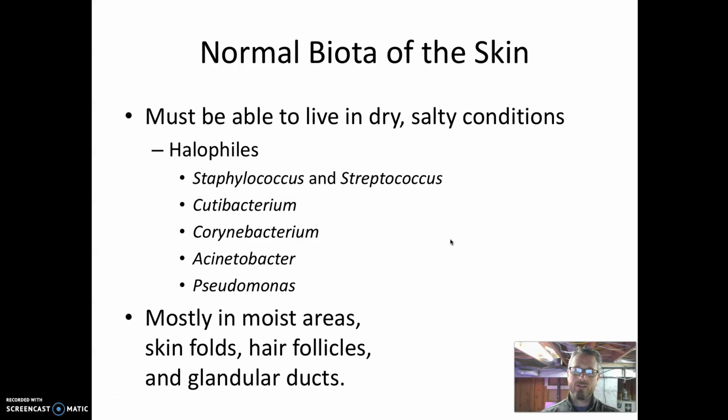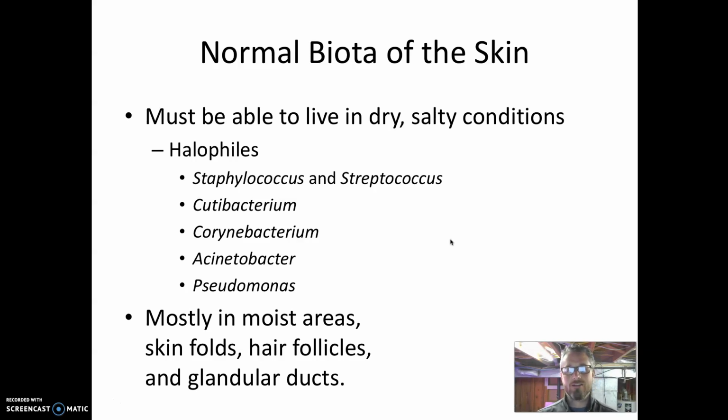What I don't want us to do is memorize the identities of bacteria that live on the skin. But as we study the diseases of the skin, it's really important for us to know if a disease is caused by an endogenous microorganism, one that was already living there and it's causing an opportunistic infection, or is the disease caused by an exogenous organism, one that we don't normally find living on the skin.